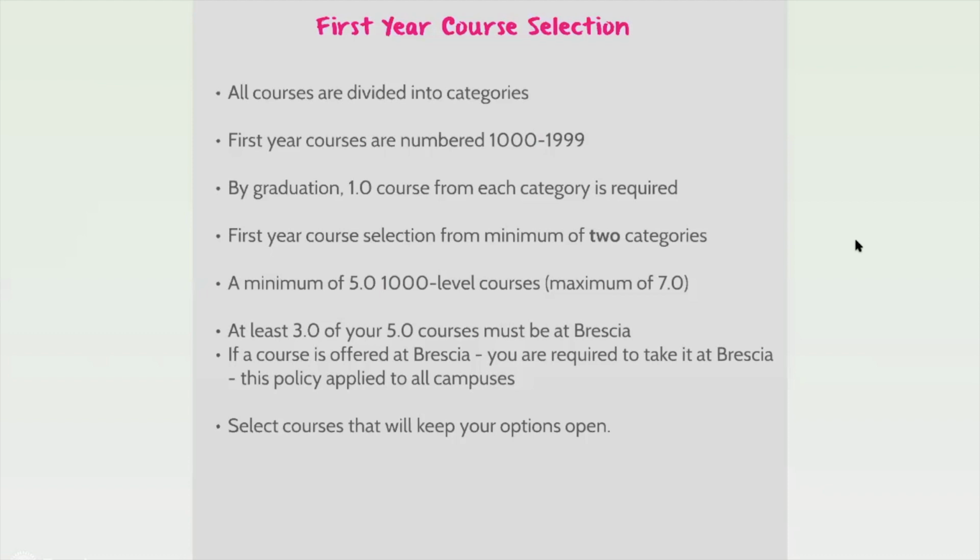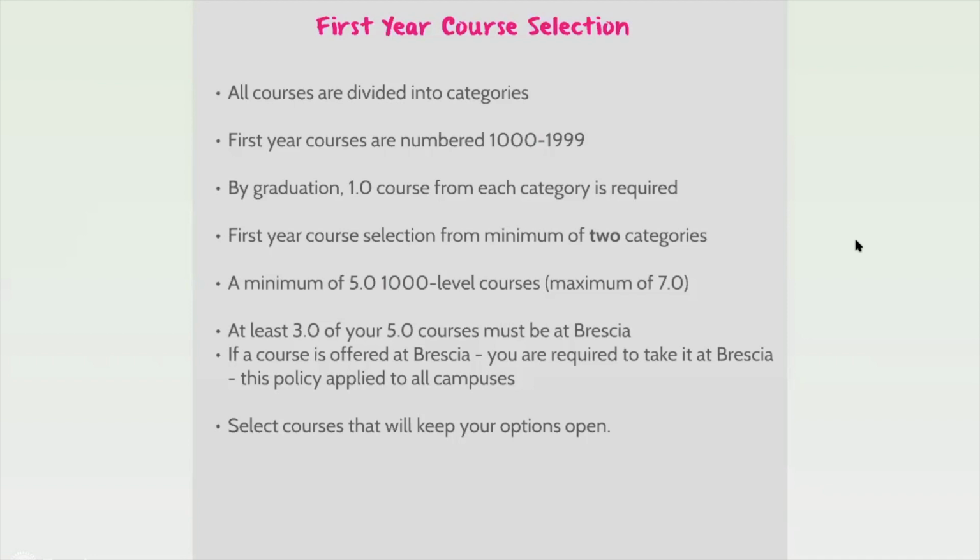You are required to have a minimum of 5 1,000 level courses, but a maximum of 7. So if there was something this year that you weren't able to take, but you were still really interested in taking it, you are able to count up to a maximum of 7 1,000 level courses.